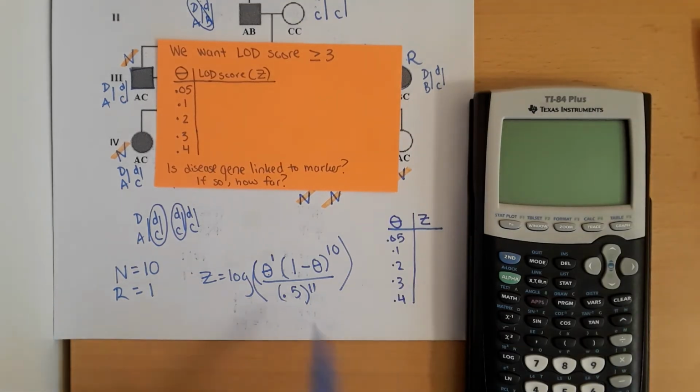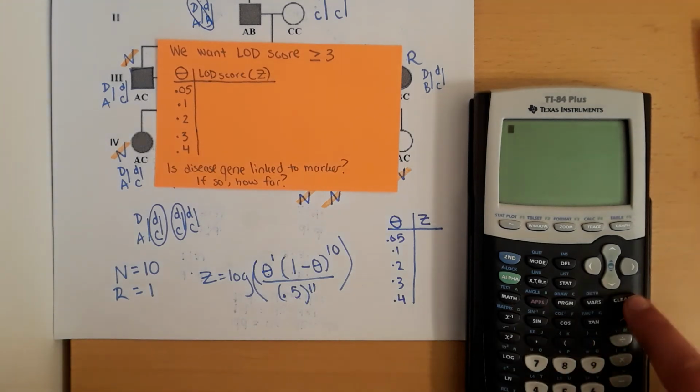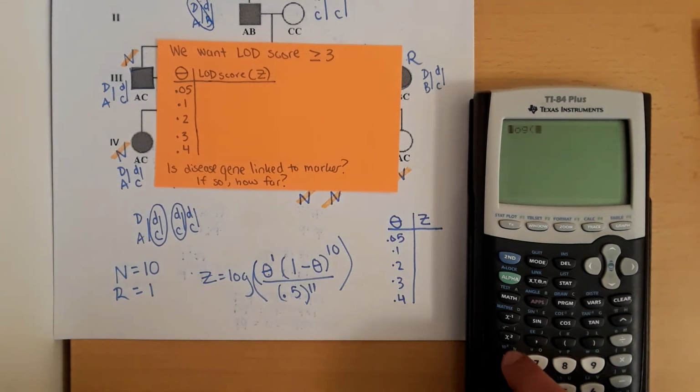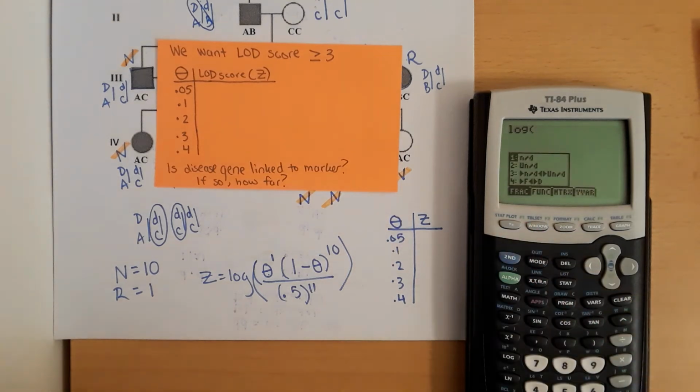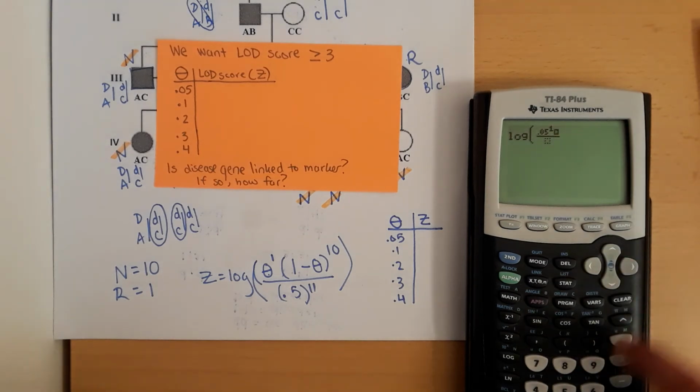So I created a table right here, and now we're able to plug in. So we take the log, and I'm going to plug in 0.05 for theta. That's to the first. 1 minus 0.05 to the 10th. 0.5 to the 11th.